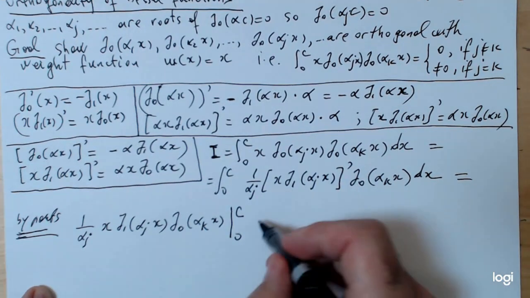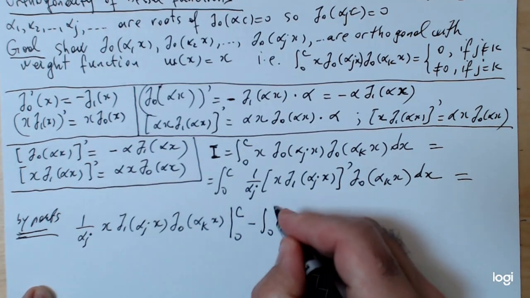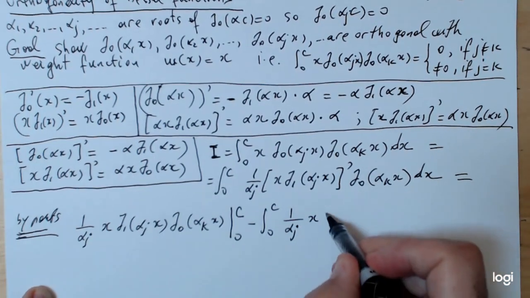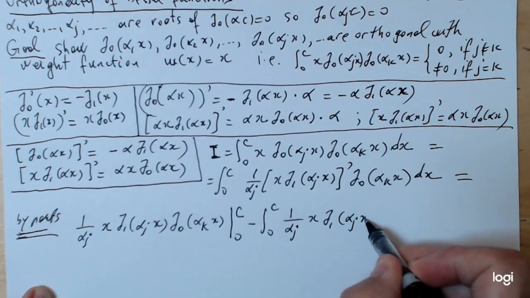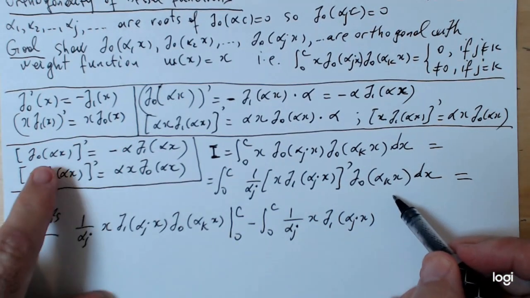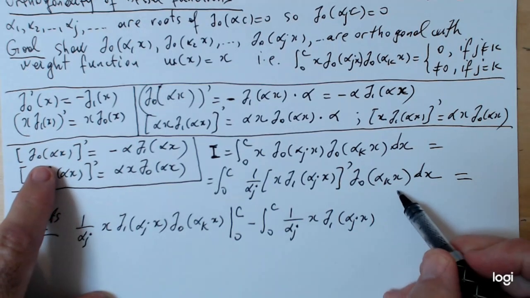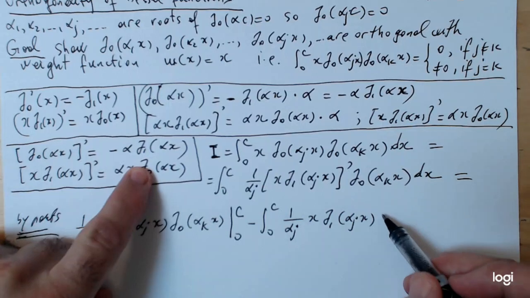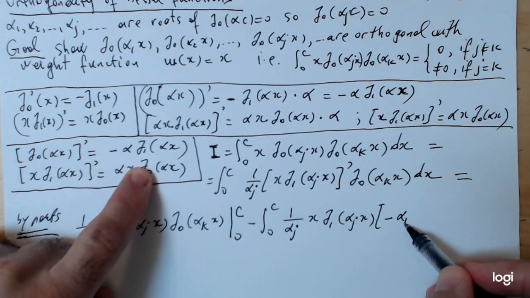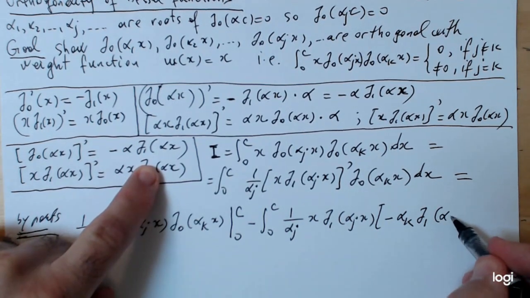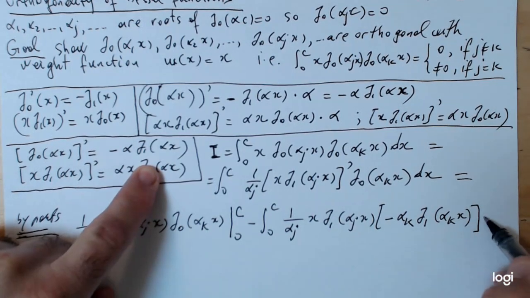All right, we gotta go slow and carefully here, minus the integral from 0 to c, 1 over alpha_j x J1 of alpha_j x times the derivative of J0 of alpha_k x. Look carefully here. When I take the derivative of J0 of alpha_k x, that's going to be equal to minus alpha_k J1 of alpha_k x dx.